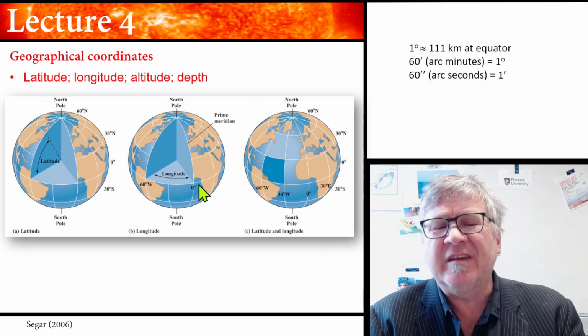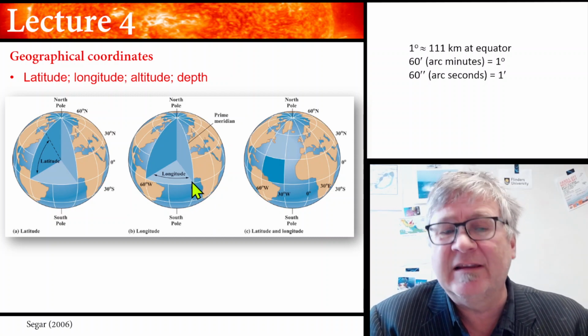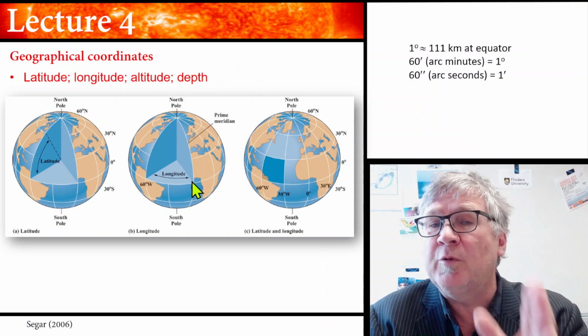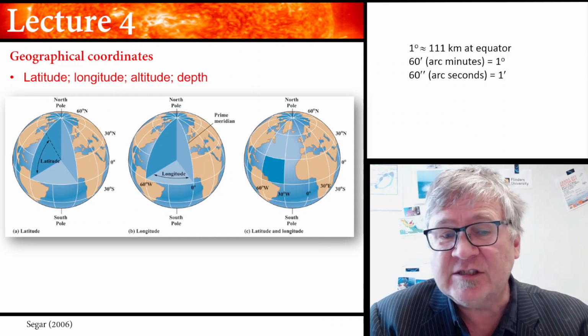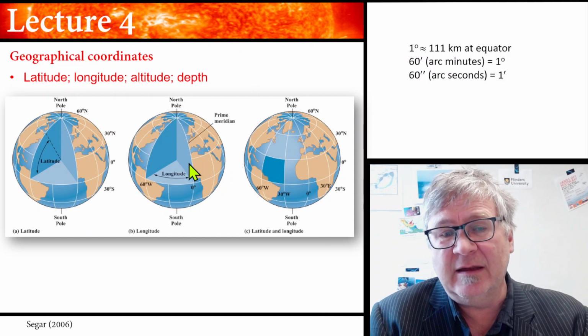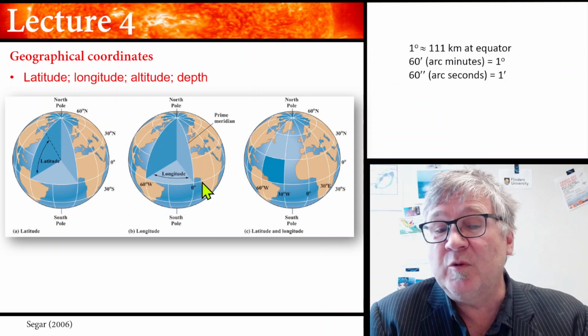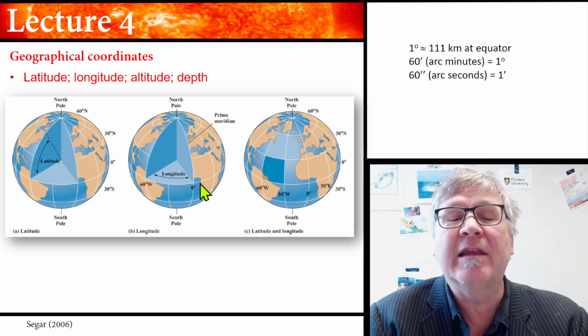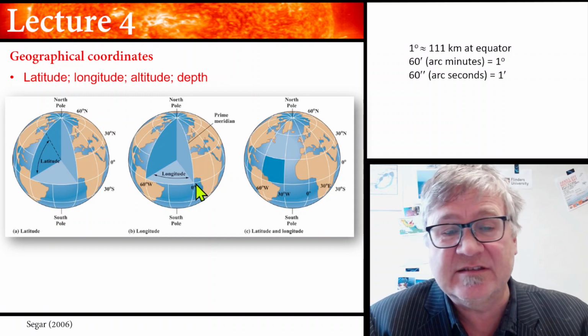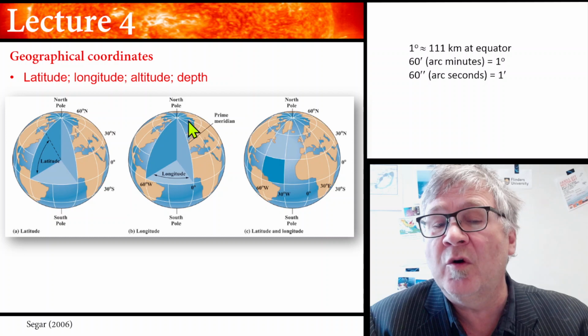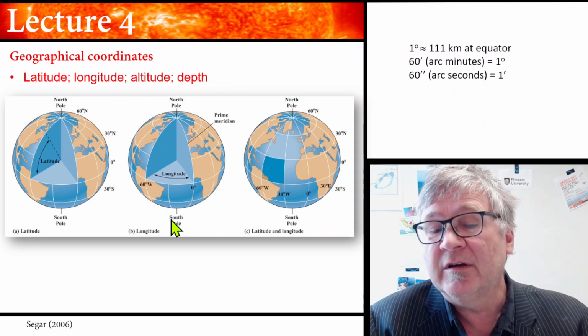So what's important here in terms of geographical latitude is that the distance between 1 degree circles, okay, the distance between latitudes of 1 degree is 111 kilometers at the equator, but the distance decreases as you go to the north or to the south pole.